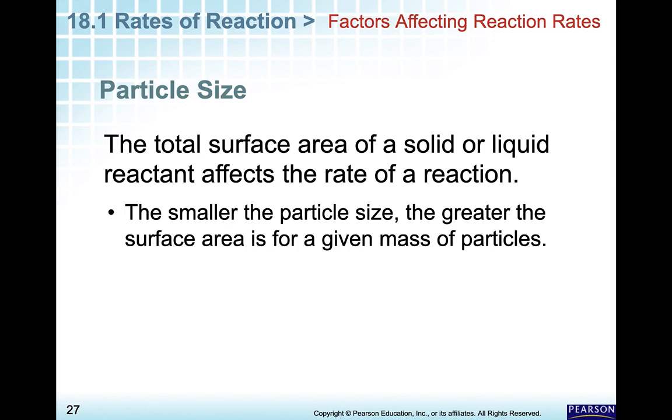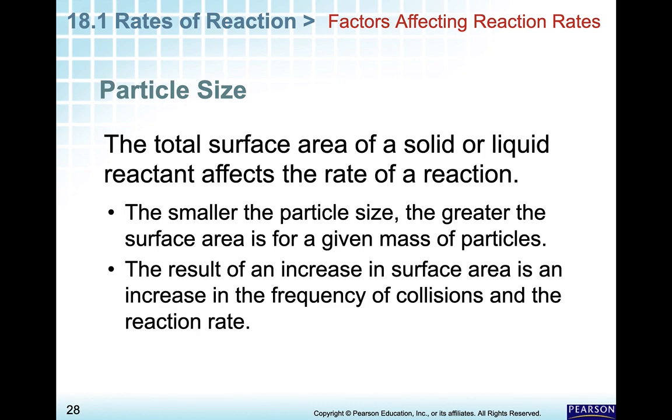If you think about crushed ice versus an ice cube, you could have the same total amount of ice. The crushed ice, as you might know, melts faster because it's got a lot more surface area available to the surrounding water. The same is true for our particles.